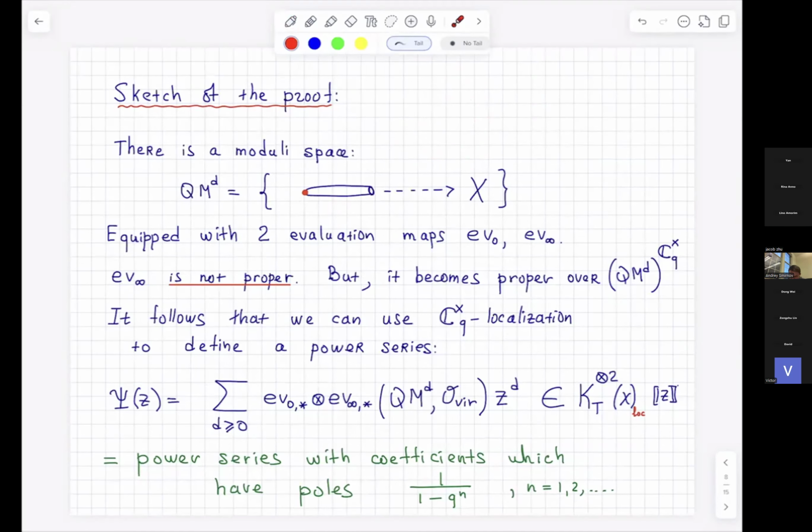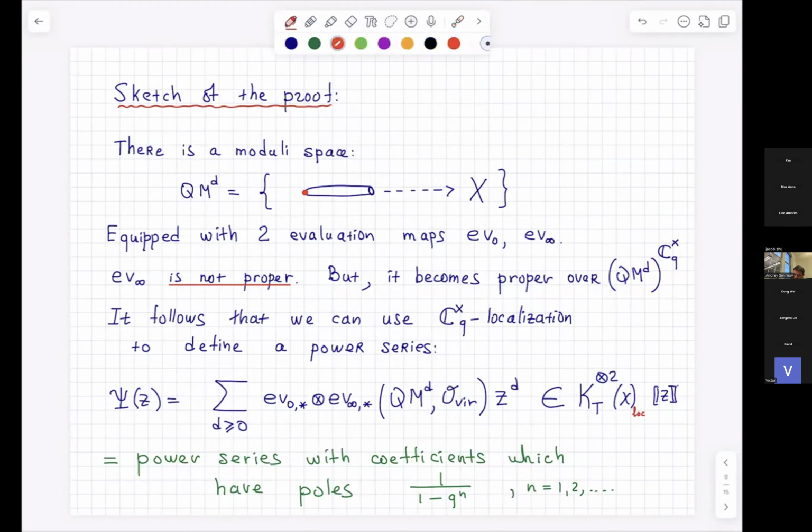Well, this moduli space, again, is equipped with a couple of evaluation maps at 0 and at infinity. But there is an important difference: the map at infinity is not proper anymore. So you cannot really do pushforwards using this map. But it becomes proper if you consider an action of an extra torus, which I denote C_q here.